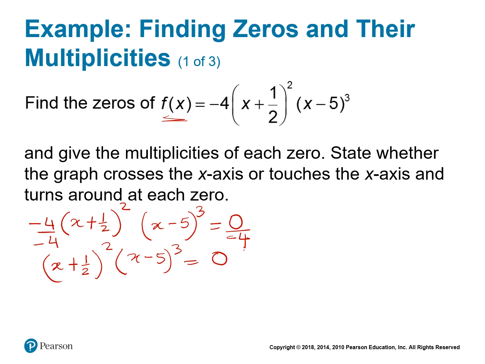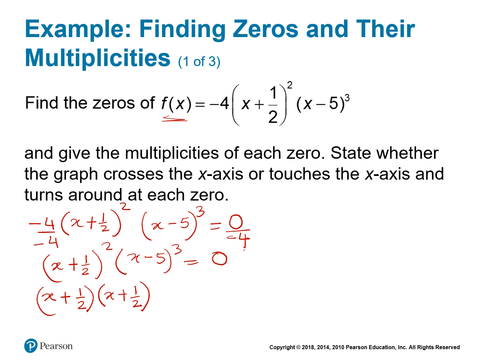So now we have two factors. What does (x + 1/2) squared mean? It means (x + 1/2) multiplied by (x + 1/2), multiplied by itself twice.